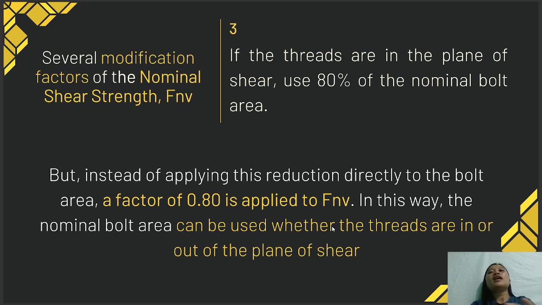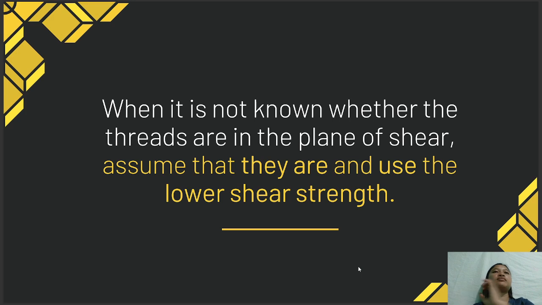In this way, the nominal bolt area can be used whether the threads are in or out of the plane of shear. When it is not known whether the threads are in the plane of shear, assume that they are and use the lower shear strength.